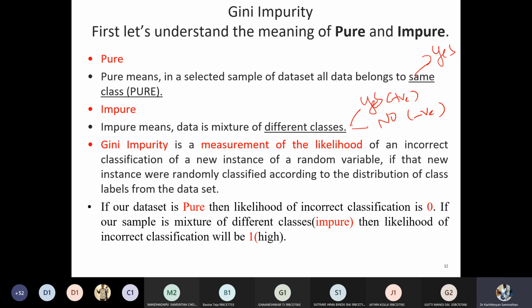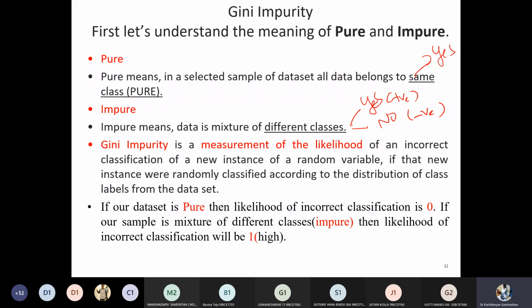These are the different evaluation parameters used to evaluate your learning model. Gini impurity is calculated based on the likelihood parameter. Likelihood is the probability of the data set given for the learning.